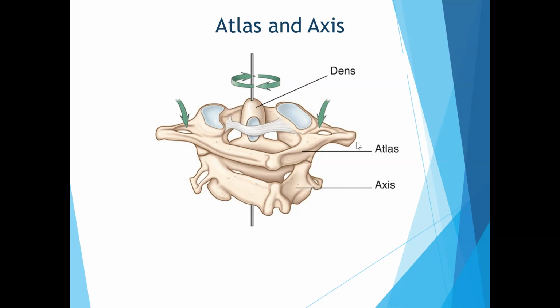The dens articulating with the axis allows for that swivel. So our axis is responsible for our side-to-side motion. This here is known as the transverse ligament that helps kind of hold the dens in place and gives a lot of structure to this C1, C2 complex. Don't worry about that too much though.